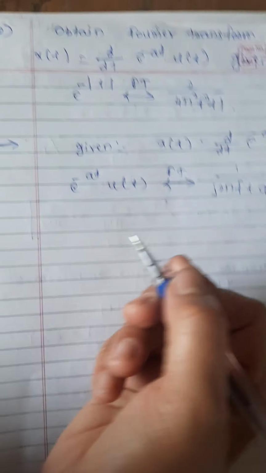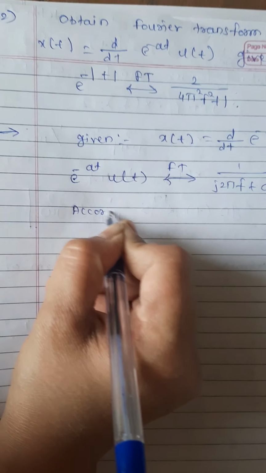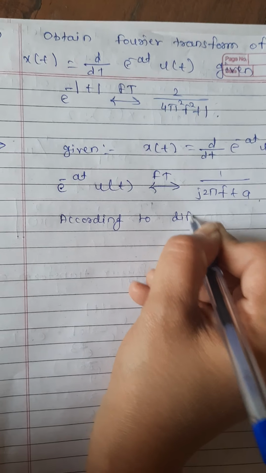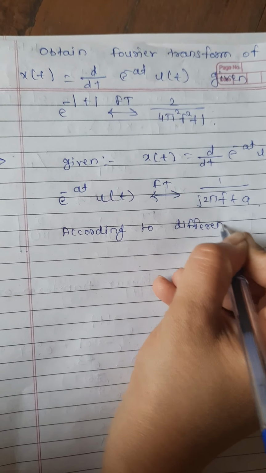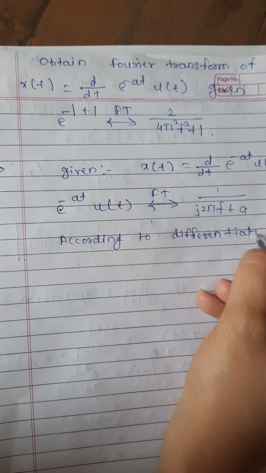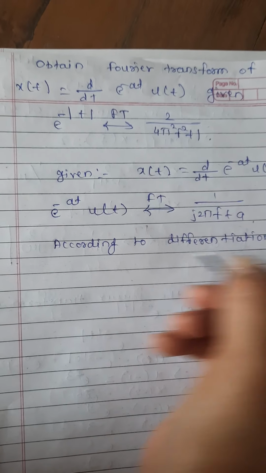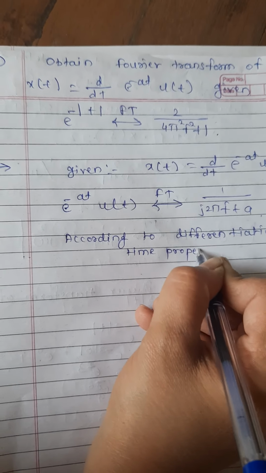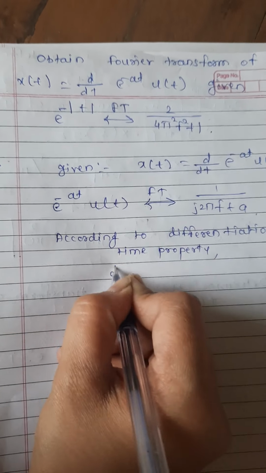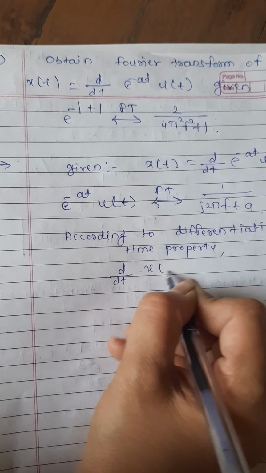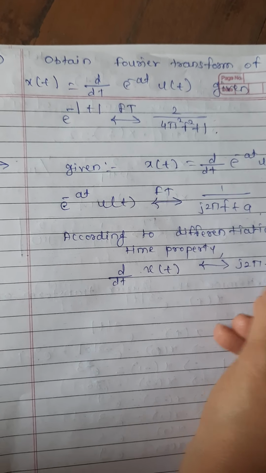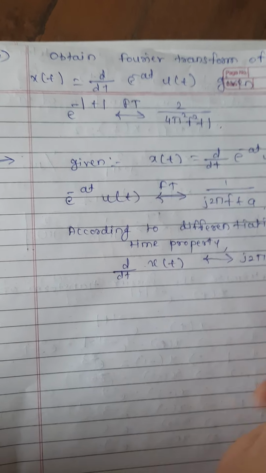Now according to the differentiation in time property, d by dt of x of t, this is j2 pi f X of f.